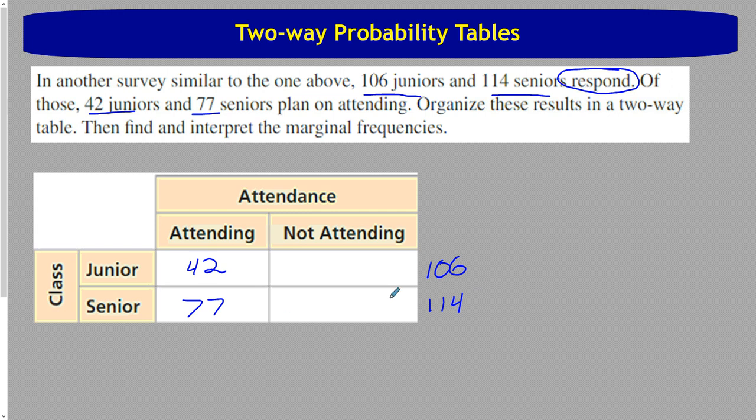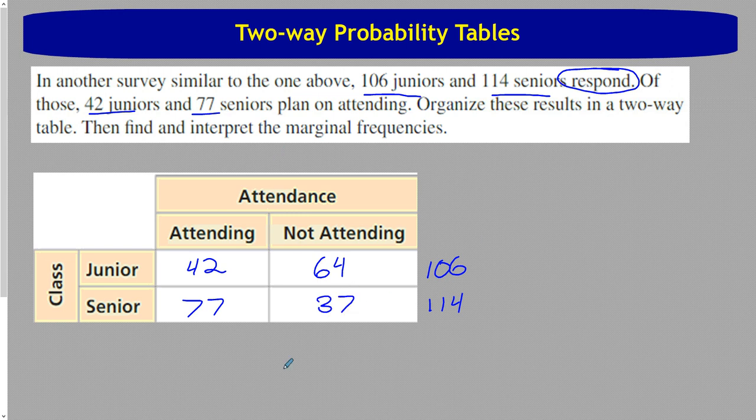So I can use those two numbers to figure out how many are not attending. If we surveyed 106 and 42 are attending, then 106 minus 42 would be those that are not attending. In this case, 64. We can do the same thing with the seniors. If we survey 114, but take out the 77 who are attending, you'll see that 37 are not going to attend.